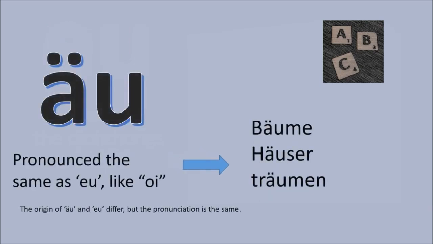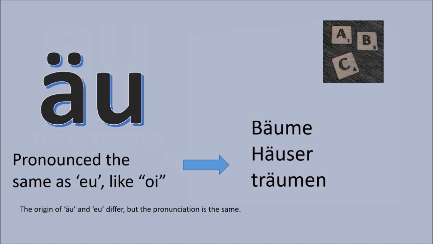Now, A with an umlaut and the U is pronounced exactly the same as the EU, so it's Oi again. But the origin of A umlaut U or EU words differ. It's just the pronunciation is the same. And if you look at the words, we have Bäume, Häuser, Träumen.